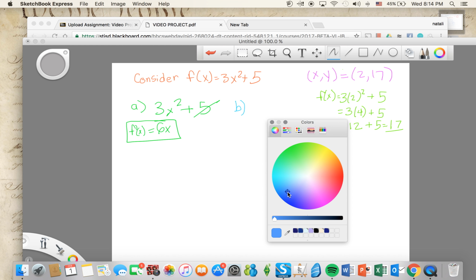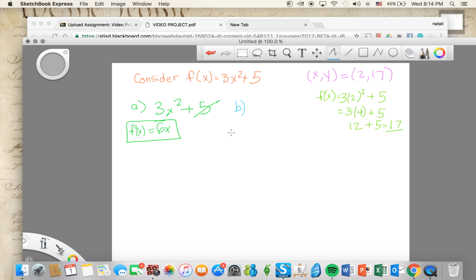Then on to the next part of our equation. We're going to go with the point-slope formula. The point-slope formula goes y minus y1 equals m times x minus x1. That's our point slope.